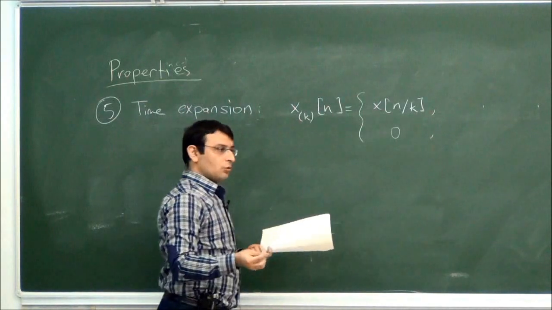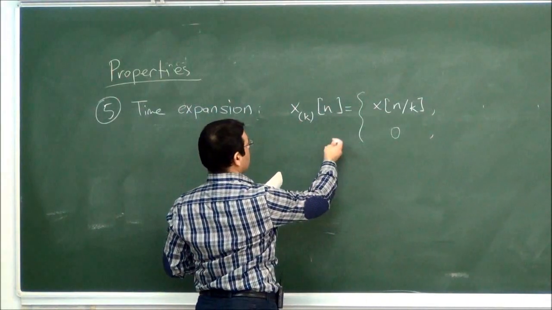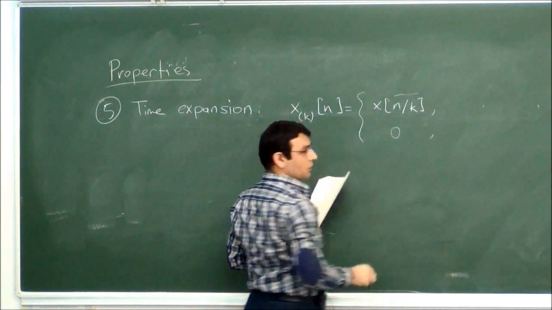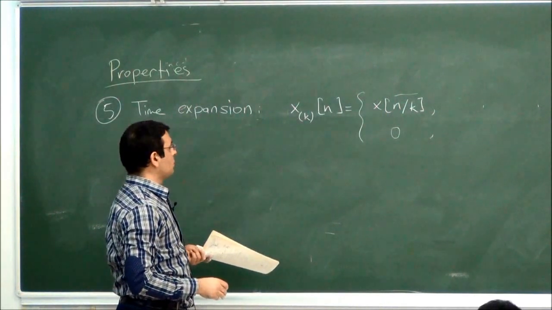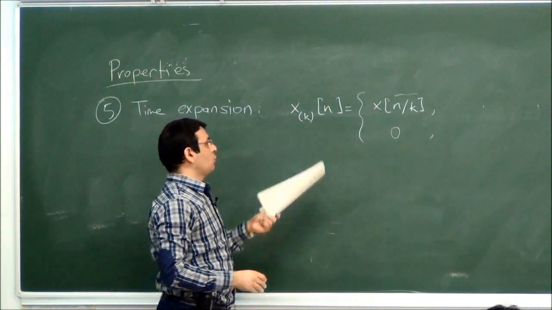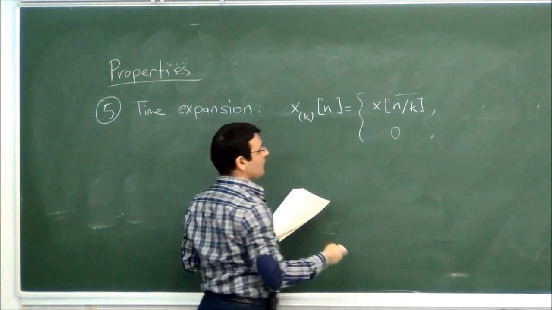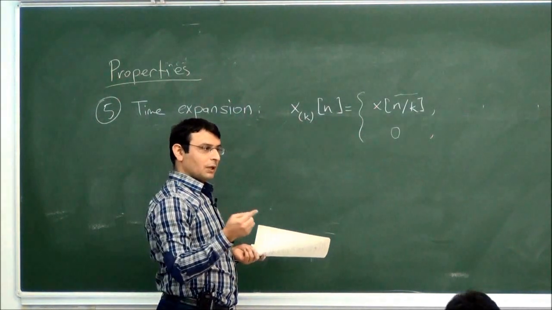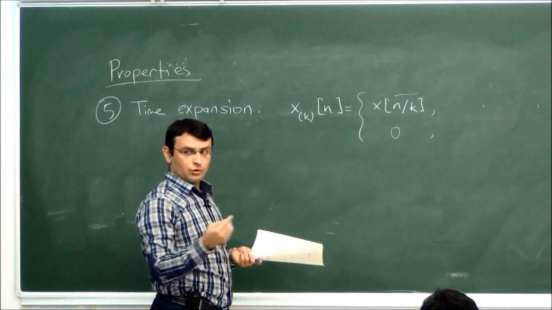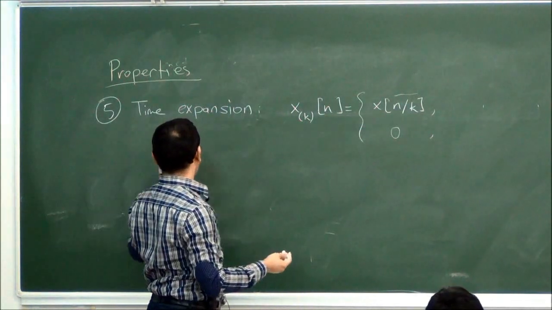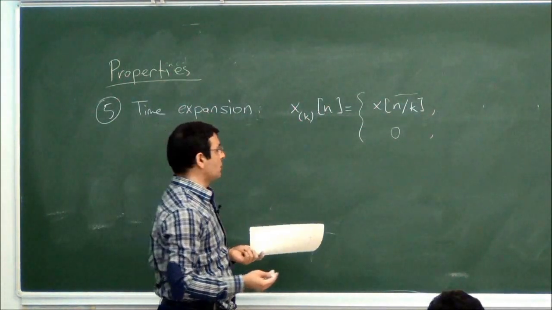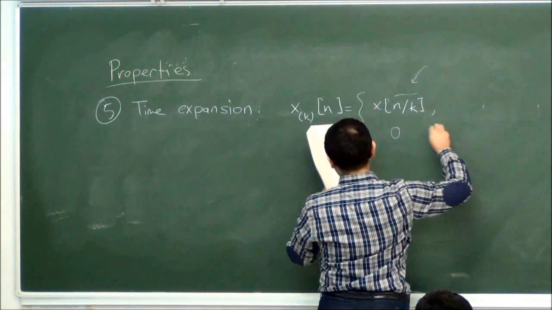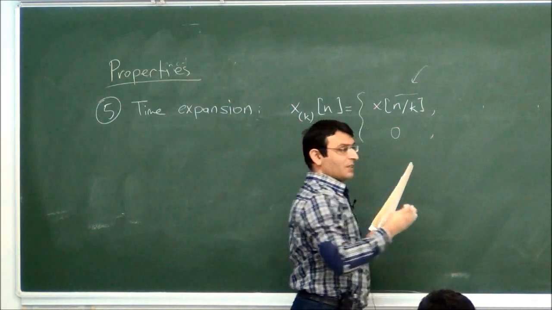As you know, if you sample a sequence, if this is a discrete sequence, n over k should be an integer. Let's say k is 4. If you do this operation, you are adding some extra samples into your sequence. Why is this a time expansion? By doing this, you are adding extra samples.